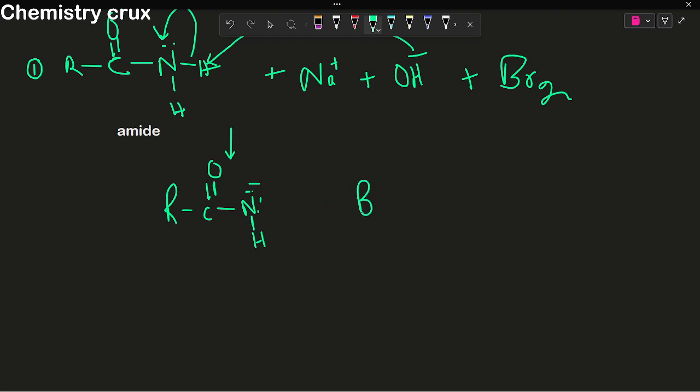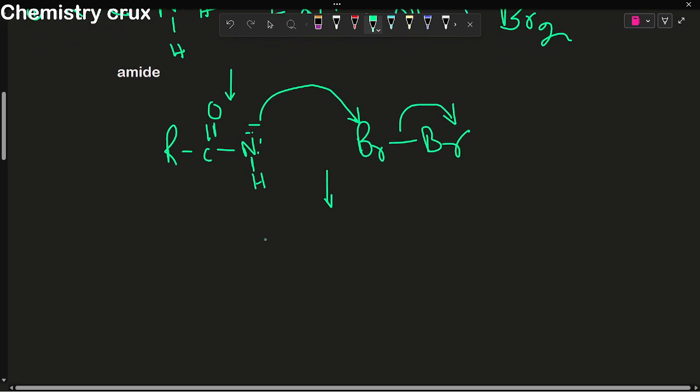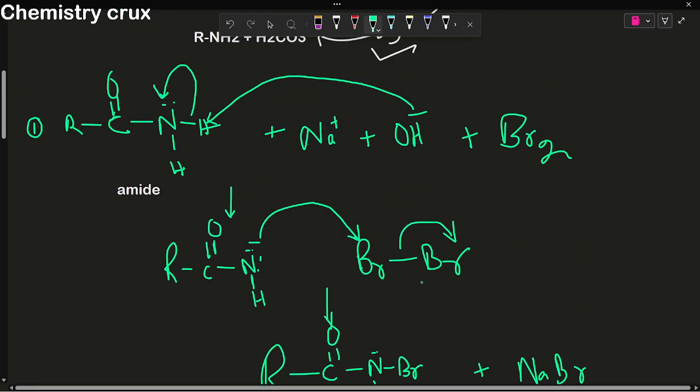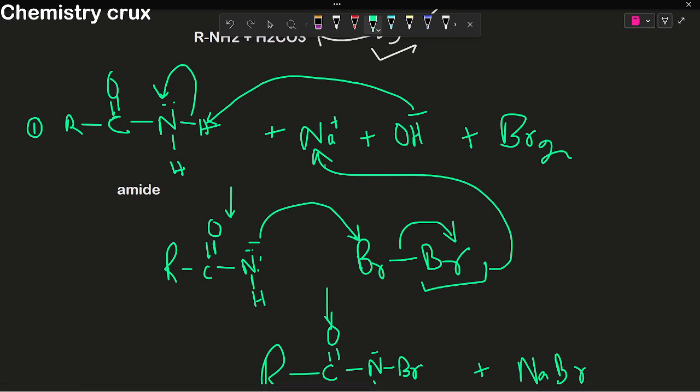This polarizes the Br-Br bond and extracts Br from it, and the other Br is released as Br negative. So what we get is RCO with NHBr, with H and a single lone pair on the nitrogen, plus NaBr. How is that formed? The Br negative forms a bond with the sodium, and water is also formed.